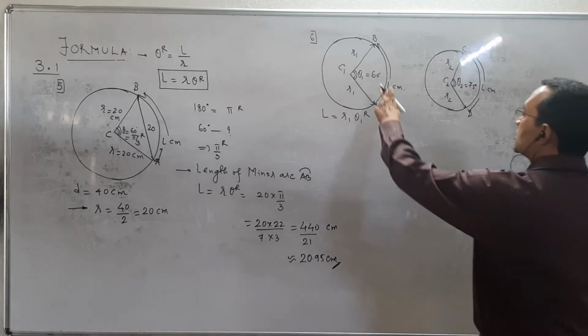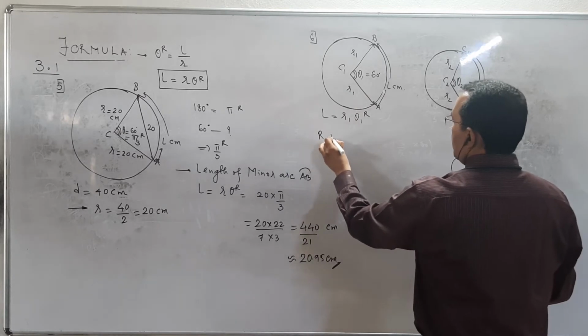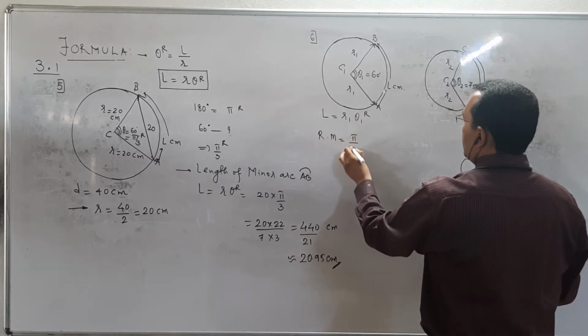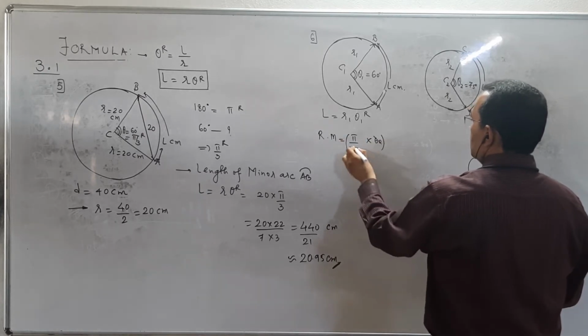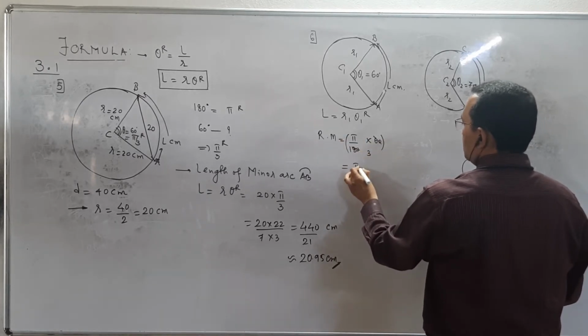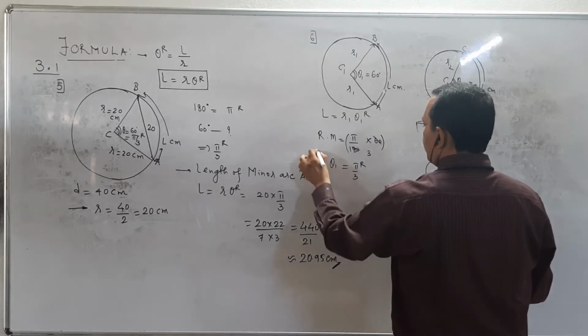Now I need to convert this theta from degree measure into radian measure. So radian measure is equal to pi by 180 into degree measure. 60 ones are 60, 3 ones are 3. So this is pi by 3 radian, which is theta 1.